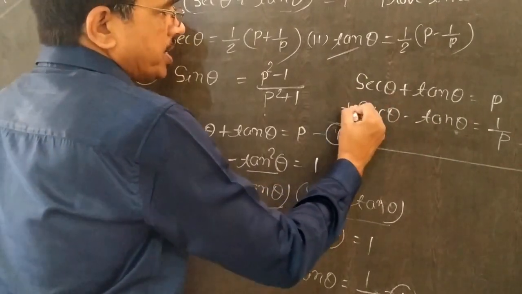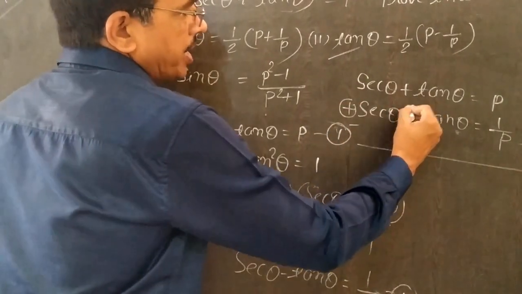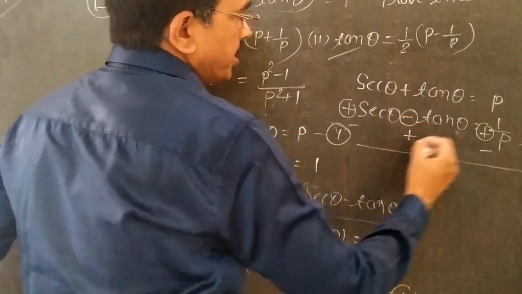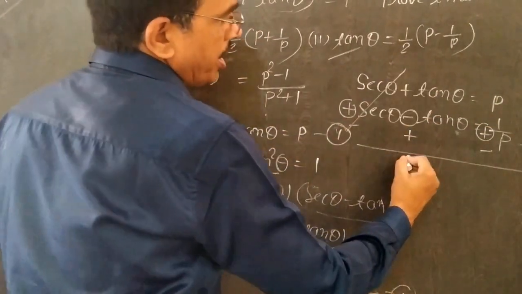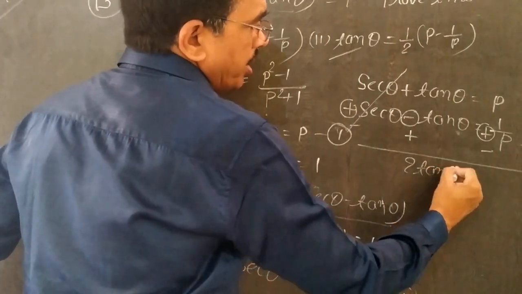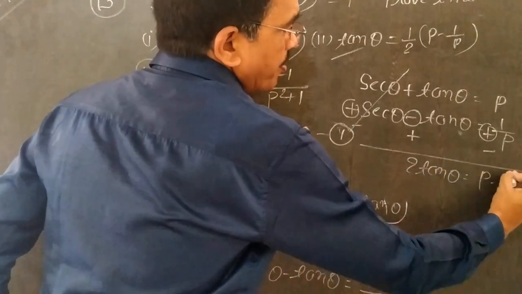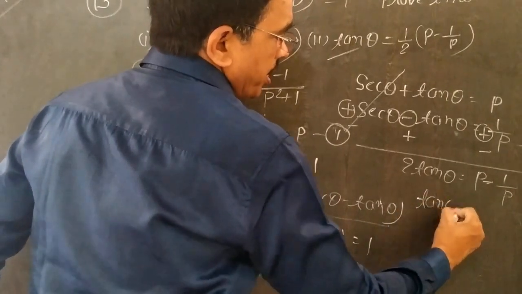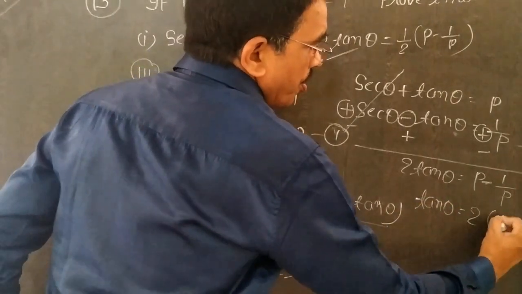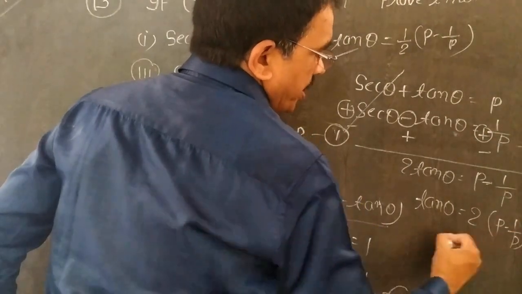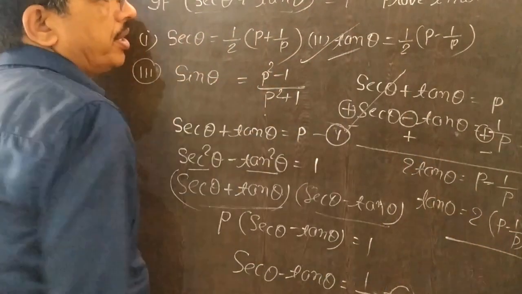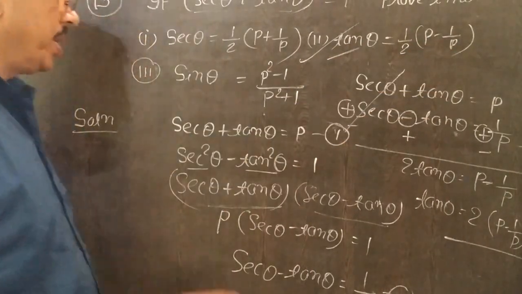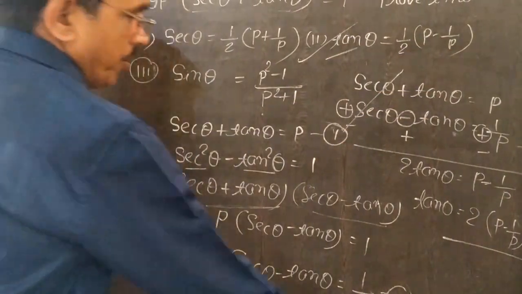So please change the sign: plus becomes minus, minus becomes plus. This sec will be cancelled, and 2 tan theta is equal to p minus 1 by p. So what is tan theta? Tan theta is equal to half of p minus 1 by p. And that is the second proof, that is tan theta is equal to half of p minus 1 by p.